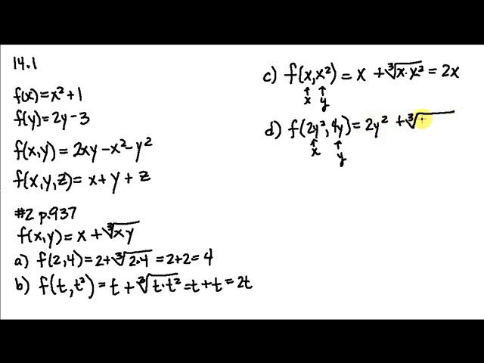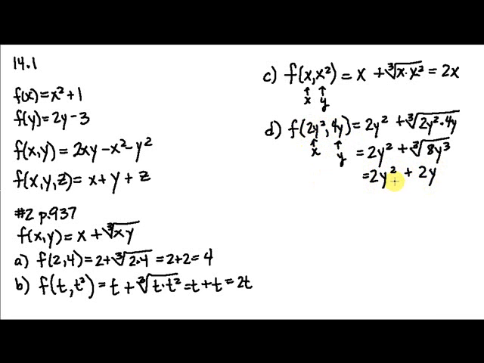Okay, well that's going to be 2y squared plus the cubed root of 8y cubed. So that's going to be 2y squared plus 2y. So notice that in this particular case, when we plugged in 2y squared for x and 4y for y, the result is a one variable function.